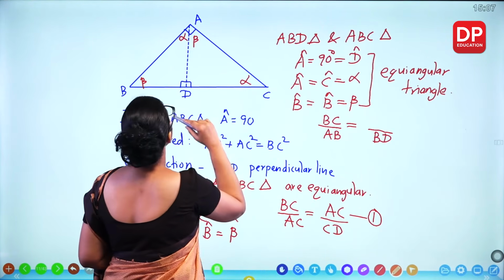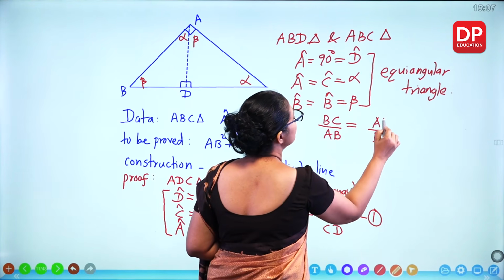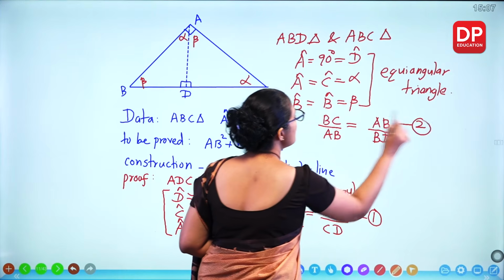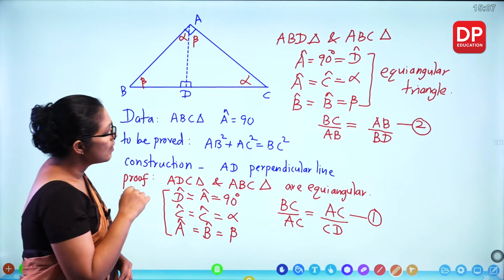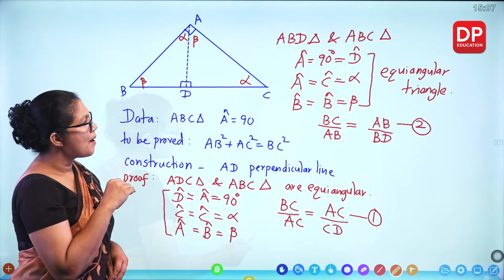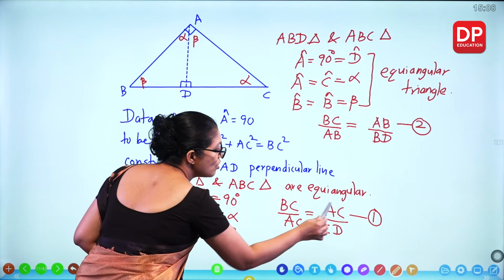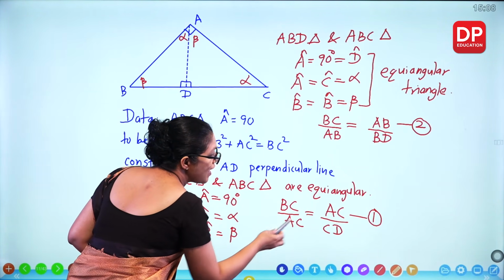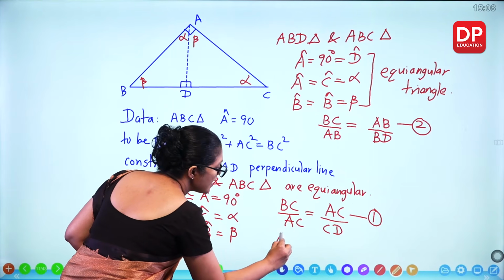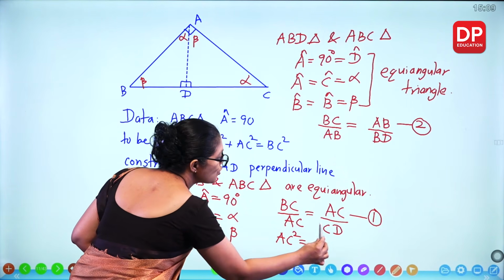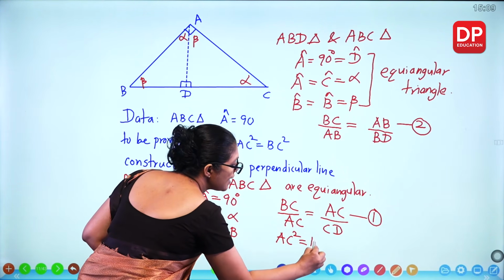Opposite to alpha, that's AB. Now we'll take this one and this one as 2. Look at the two ratios. From the first equation, I want to cross multiply and write down AC into AC as AC squared is equal to BC into CD.